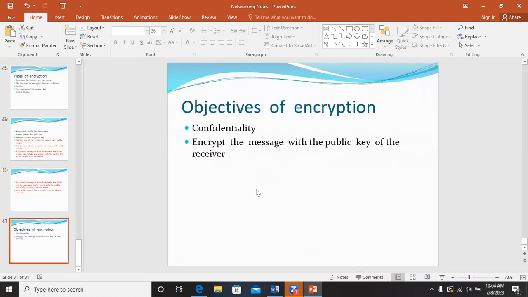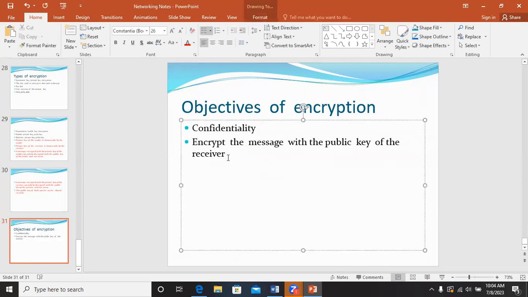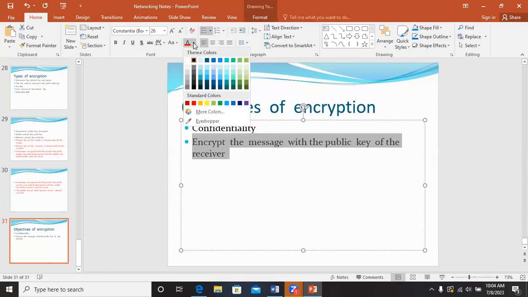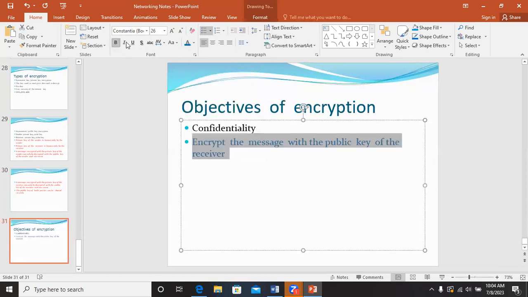So you have Tom wanting to send a message to Jerry, and he wants only Jerry to be able to read the message, so that in case that message falls into the hand of somebody else, that person cannot read it. So what does Tom do?